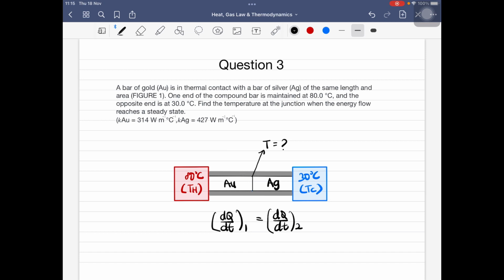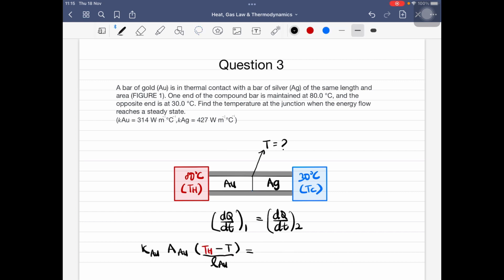So if I substitute 1 and 2 using these two respective metals, it will be the thermal conductivity of gold, the area of the gold, and the change in temperature. The gold is connecting between two temperatures, T at the junction and the hot body, so it will be T hot minus T, not T cold, divided by the length of the gold.